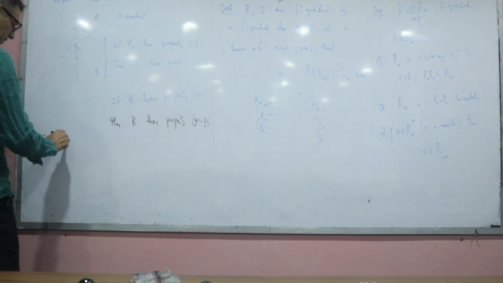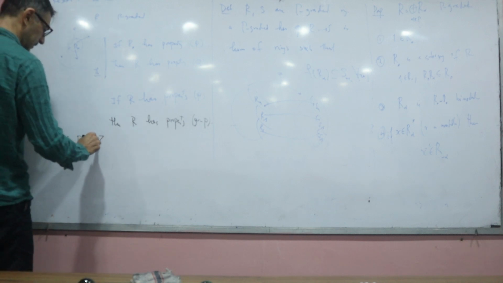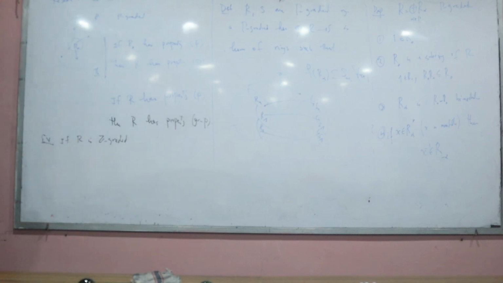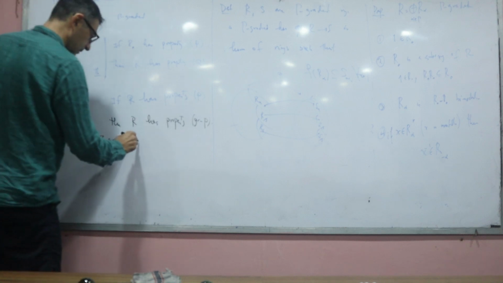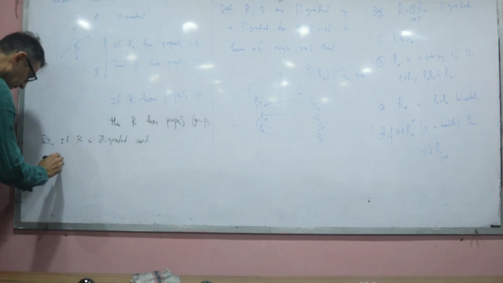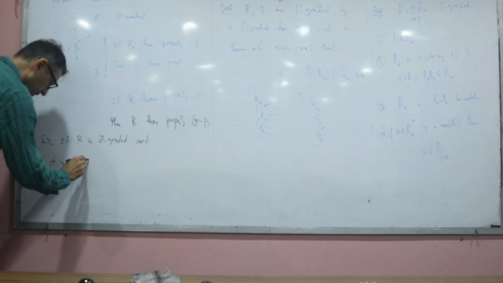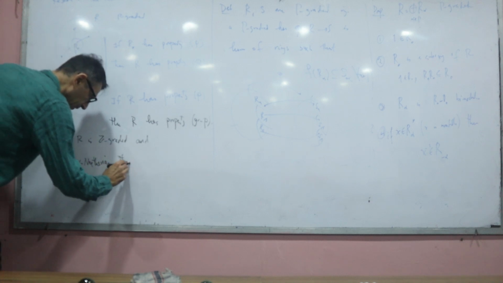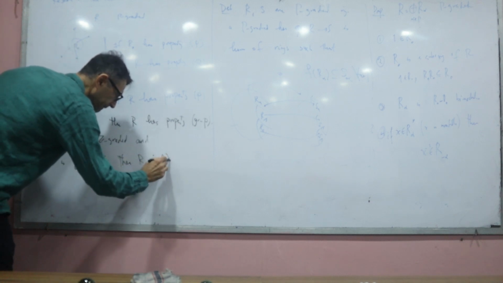If R is Z-graded and it is graded Noetherian, I'll mention what this means, then R is Noetherian.